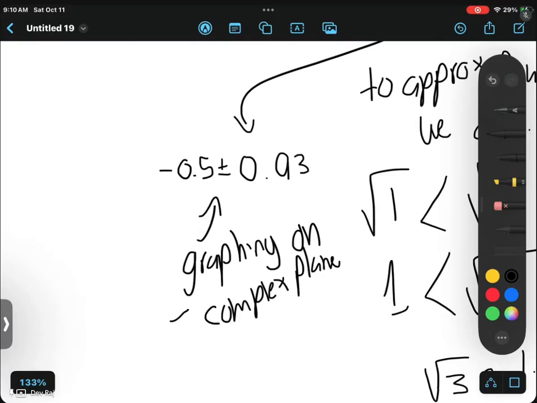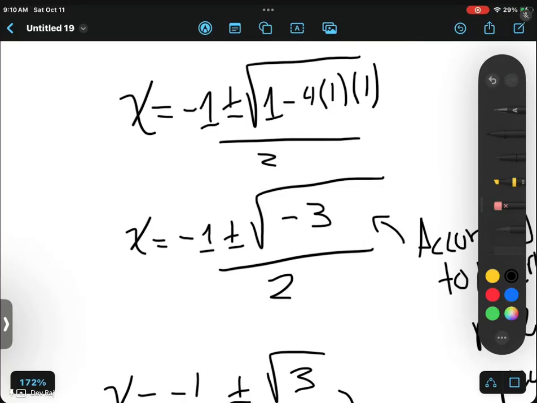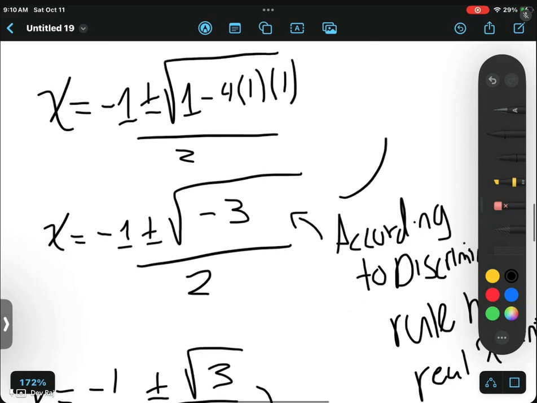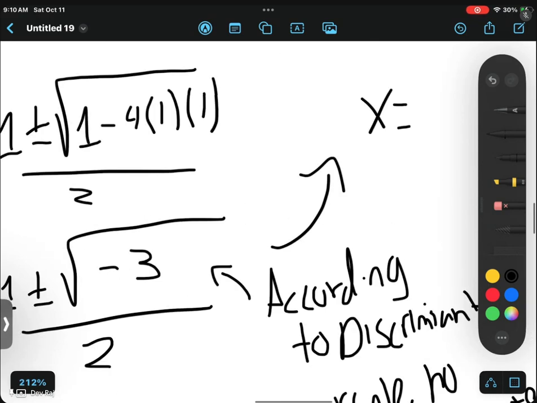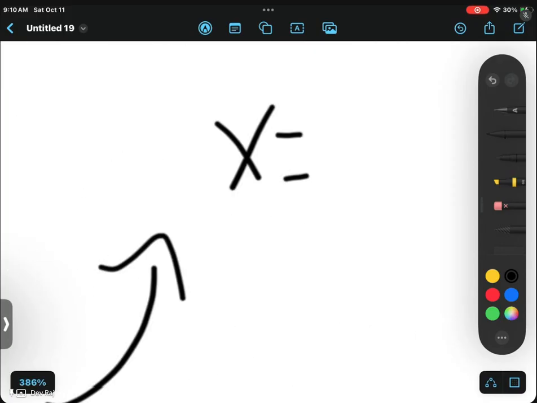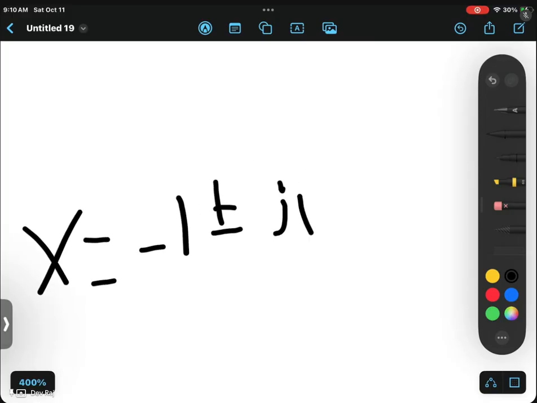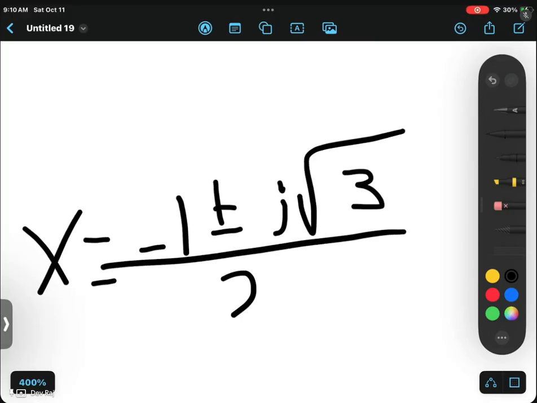We would get a point from this, but we could leave our answer in this form, or we could take out an i, right? So x equals negative 1 plus or minus i square root of 3, over 2, right?